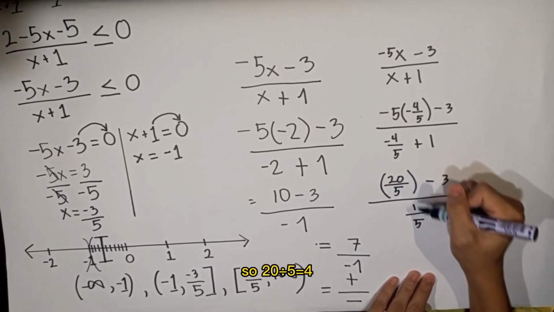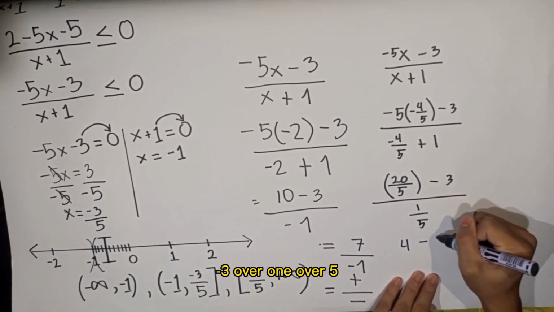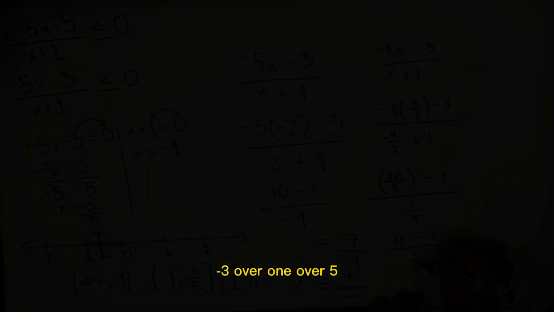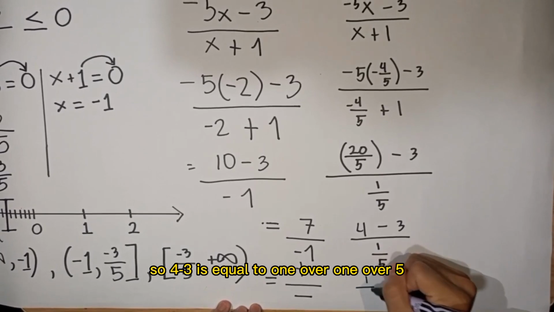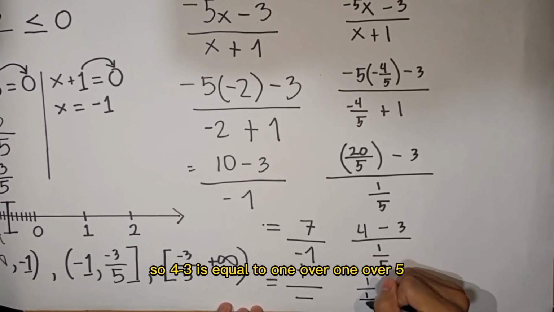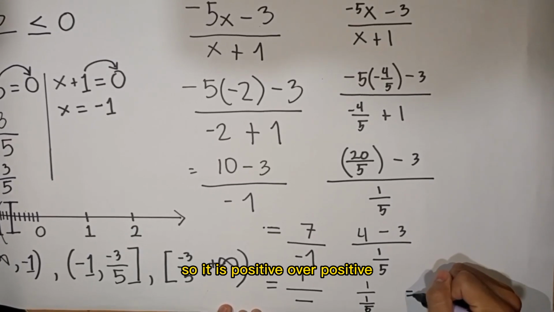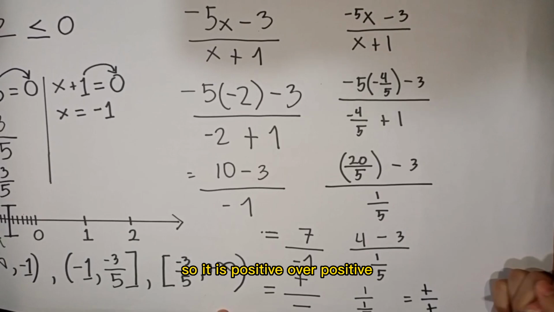So 20 divided by 5 is equal to 4 minus 3 over 1/5. So 4 minus 3 is equal to 1 over 1/5. So it is positive over positive.